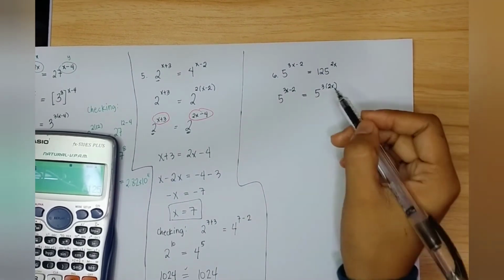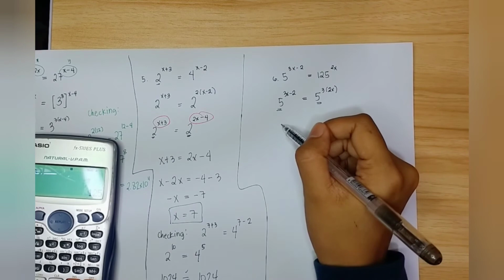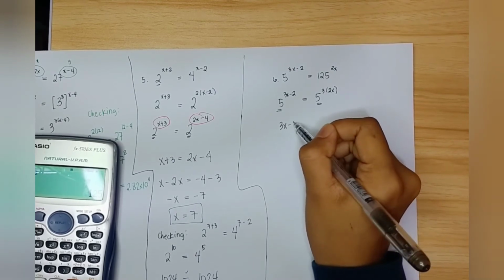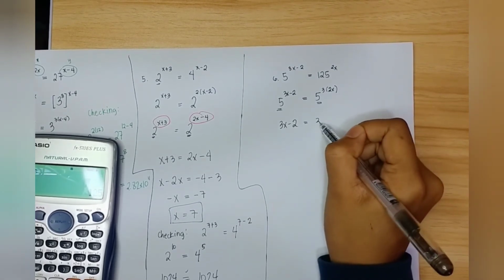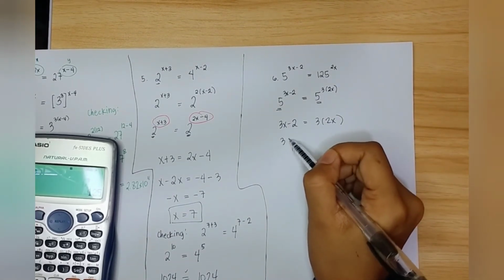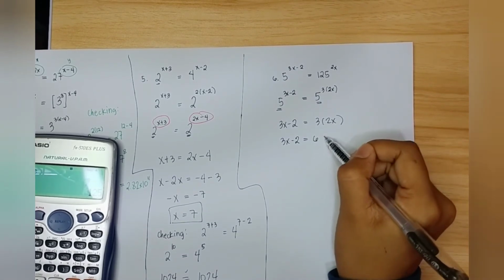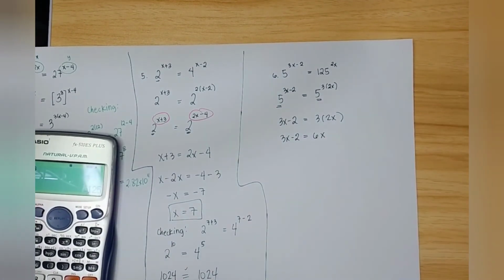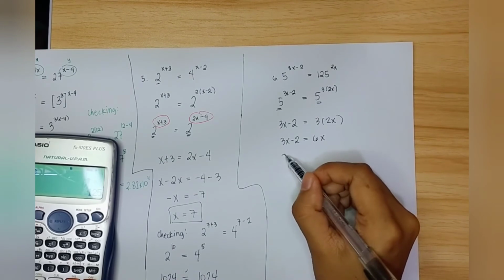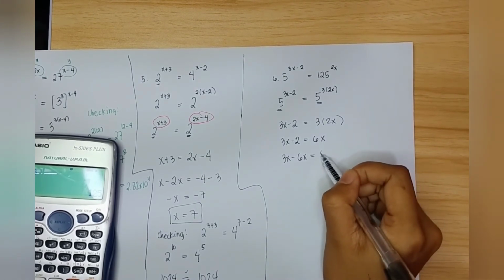Okay. Since same na sila ng base, so pwede natin ibaba yung exponent. So, 3x minus 2 is equals to 3 times 2x. So, we have, copy 3x minus 2. 3 times 2x, that is 6x. Okay, then, transpose natin, 3x minus 6x is equal to 2.